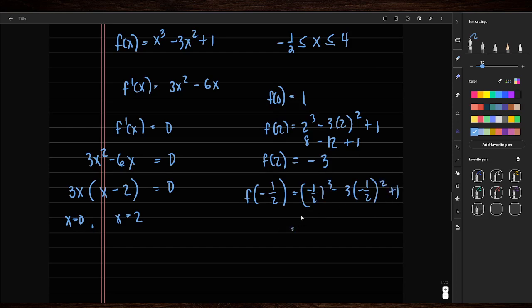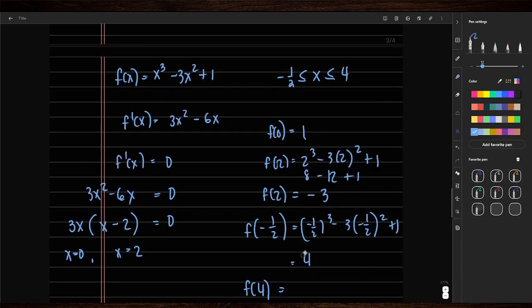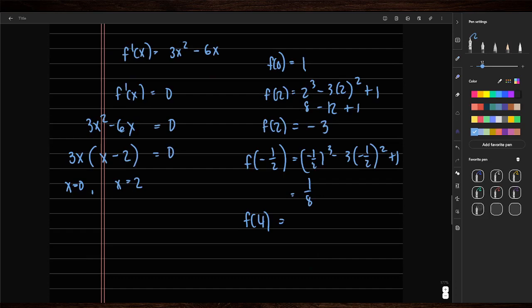So at f of negative 1/2, this is equivalent to 1/8. And at f of 4, that is equivalent to 17.